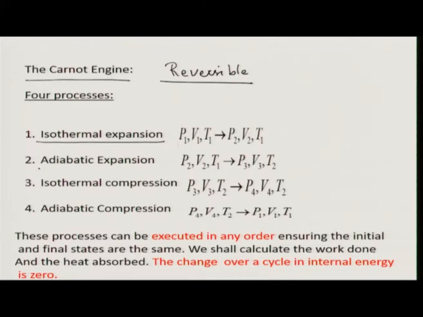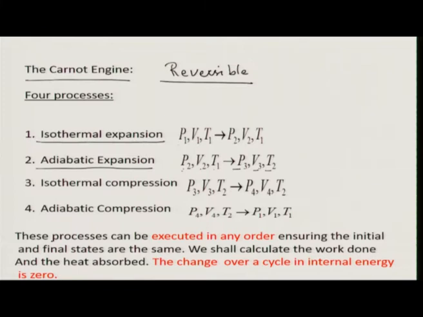Second step is an adiabatic expansion which takes you from P2, V2, T1, but now temperature is no longer constant. As I told you repeatedly in the last lecture, adiabatic process is complicated in the sense all the thermodynamic variables, namely pressure, volume and temperature, they change. So, P2 V2 T1 to P3 V3 T2.